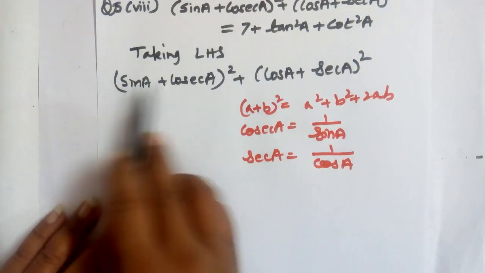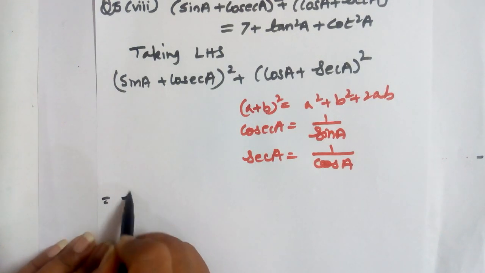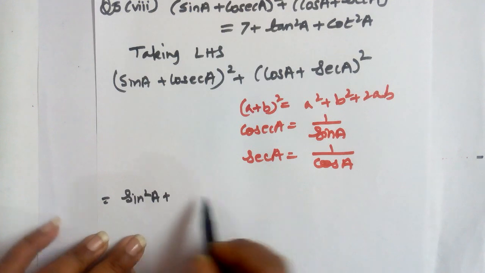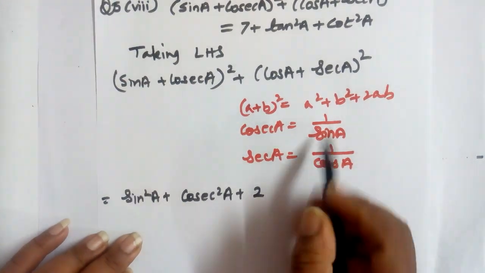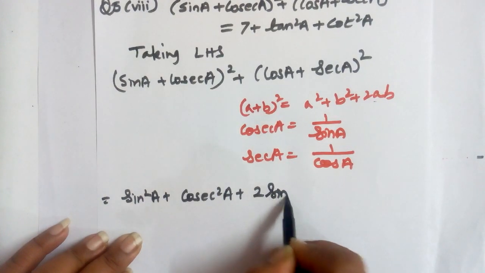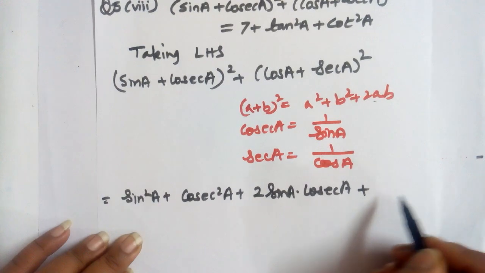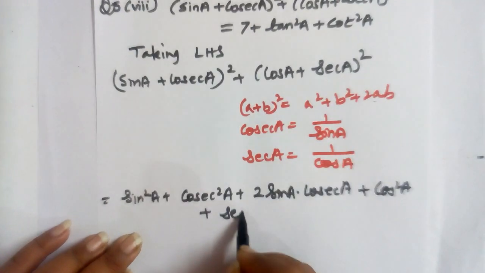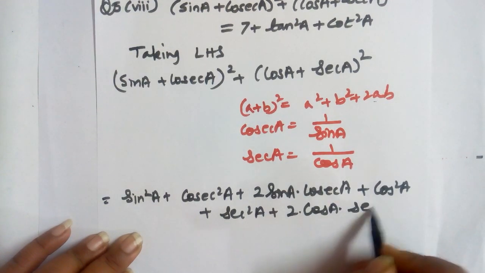So first of all we will apply the identity (a plus b) whole square. So we will get sin square a plus cosec square a plus 2ab, means 2 sin a into cosec a, plus cos square a plus sec square a plus 2 cos a into sec a.